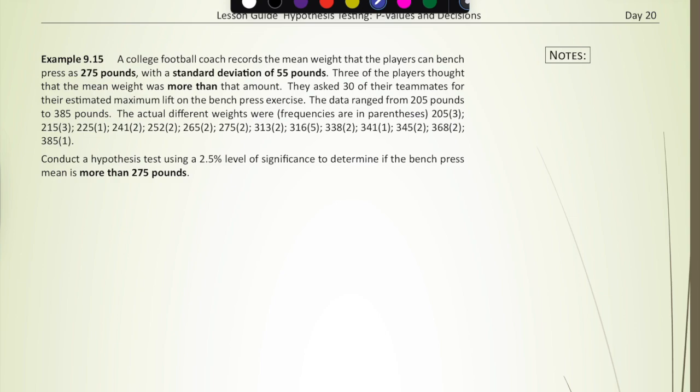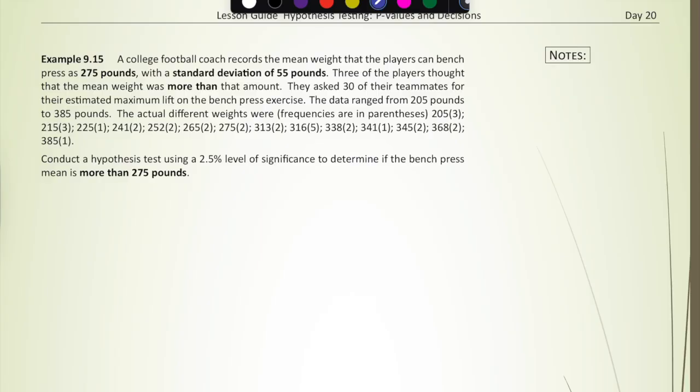Three of the players thought that the mean weight was more than that amount, okay? They asked 30 of their teammates for their estimated maximum lift on the bench press exercise. The data ranged from 205 pounds to 385 pounds.